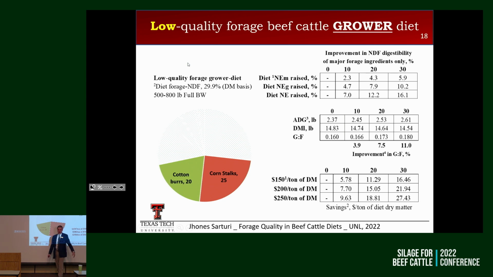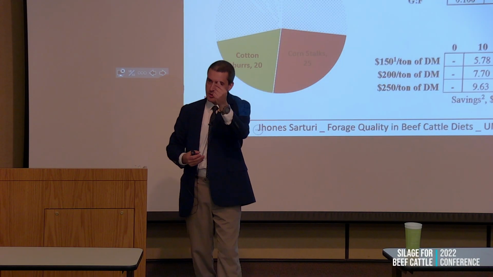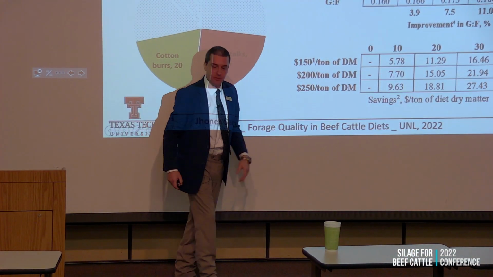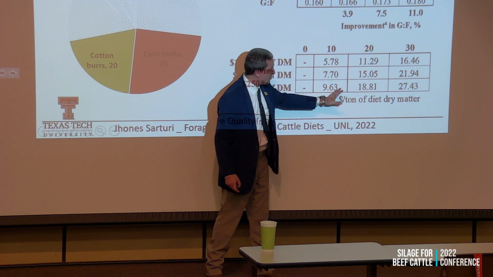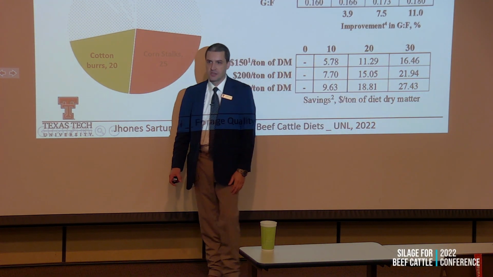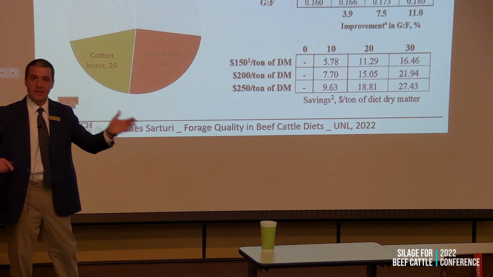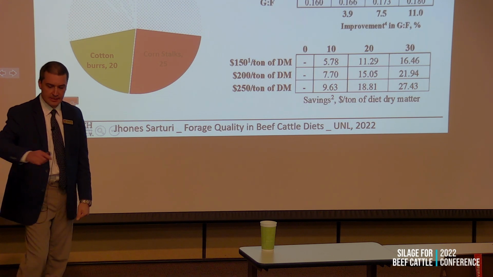Think about animals gaining the same average daily gain every day but eating less of your diet. How much does that represent to you? A 10, 20, and 30% improvement in fiber digestion raises savings from almost $10 to $27 per ton of dry matter.